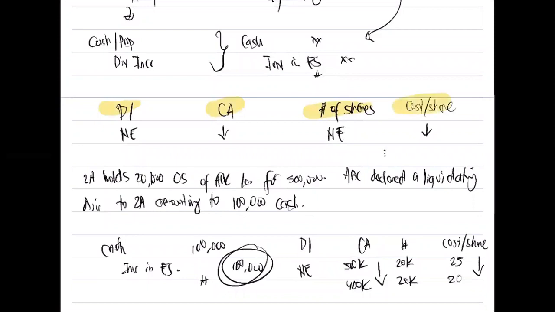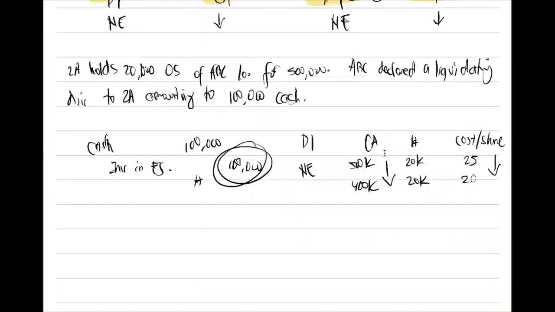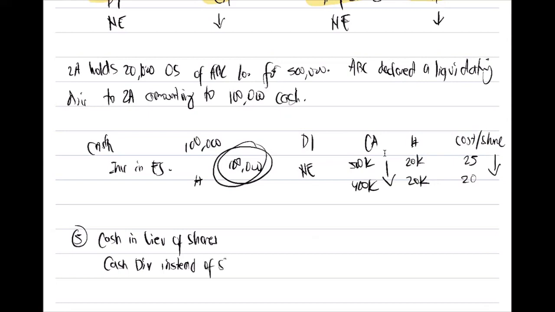Okay, so that's for liquidating dividend. We need to look at the effect on your dividend income, carrying amount, number of shares, and cost per share. We go now to another type of dividend. Number 5, we have cash in lieu of shares. In this particular type of dividend, cash in lieu of shares means you receive cash instead of shares.